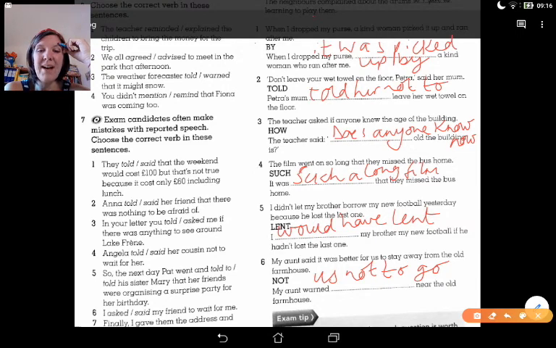So I would have lent my brother, etc. And number 6, again, another transformation between reported and direct speech. Actually, no, this one is just a different use of a reporting verb. Okay, so here the verb is warned. So my aunt warned us, again, word order, not to go. Okay.